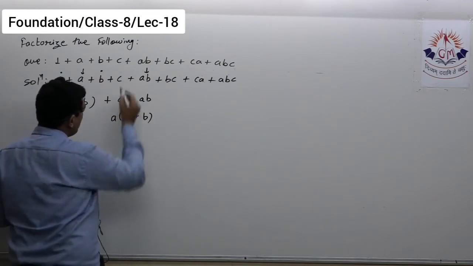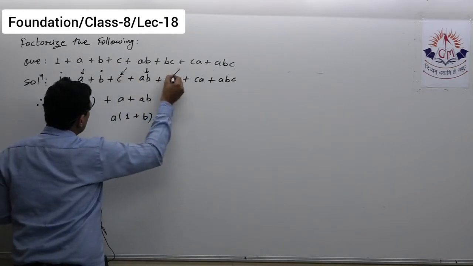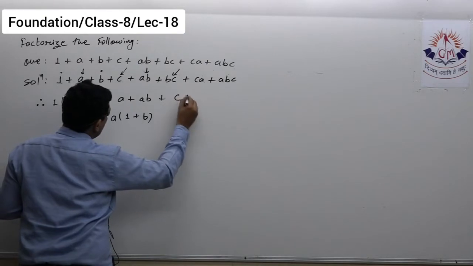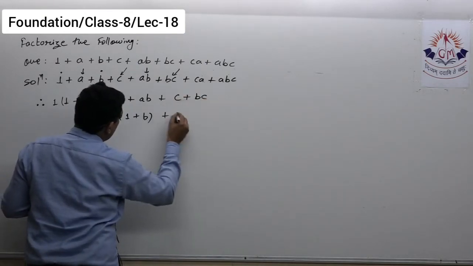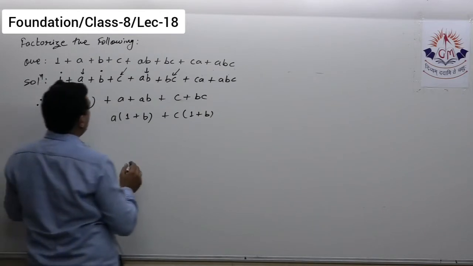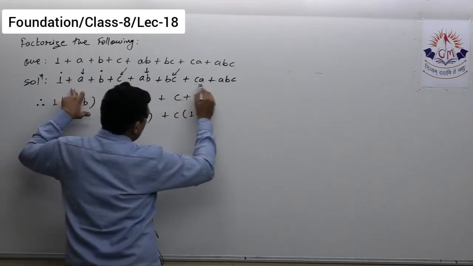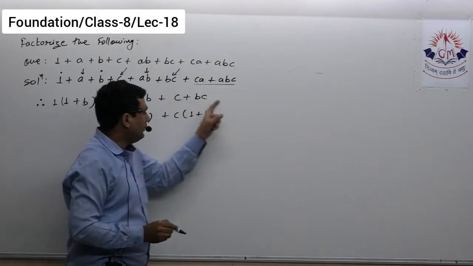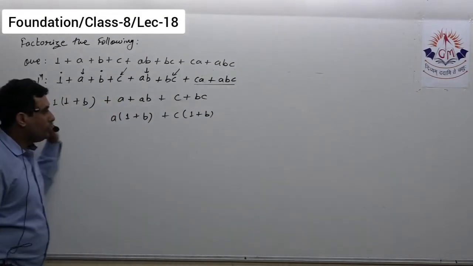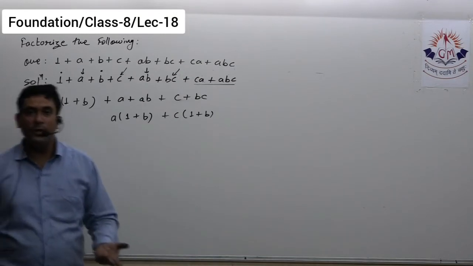Now if I take these two terms, c plus bc, here if I take c common, I will get 1 plus b in the bracket. And finally two terms which are left, if I take ca common from these two, I will get 1 plus b in the bracket. That means it is possible to factorize this in more than one way.